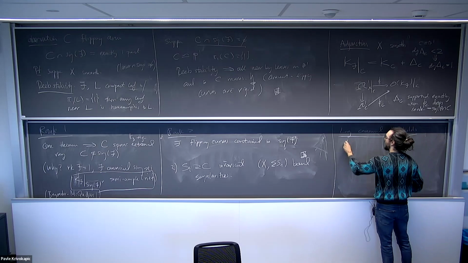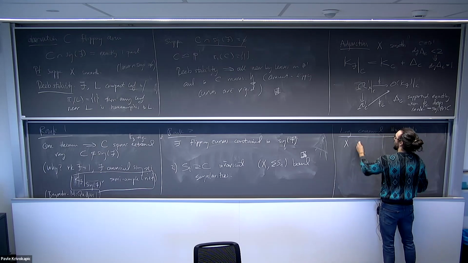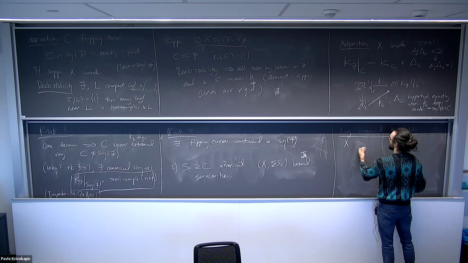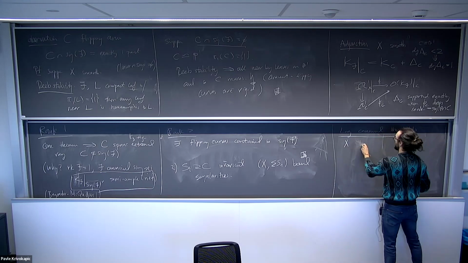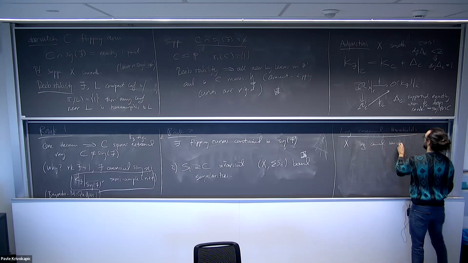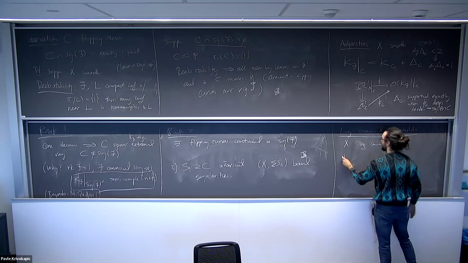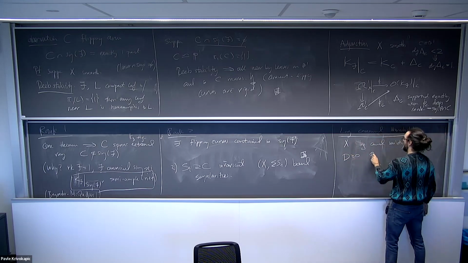So let's let X be a log canonical variety. There's of course a more general setup. So in particular, KX is Q-Cartier, and D is an effective Q-Cartier divisor.